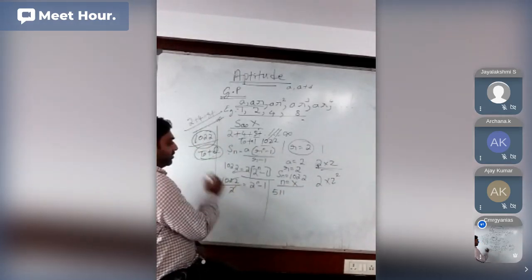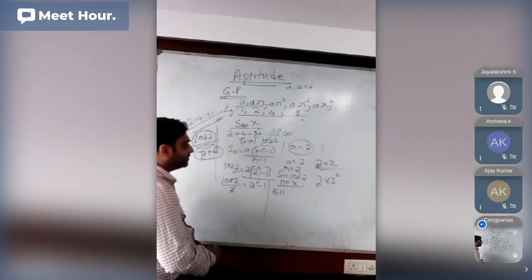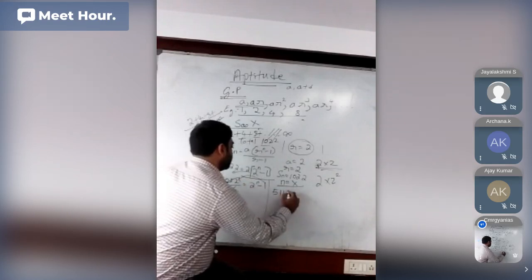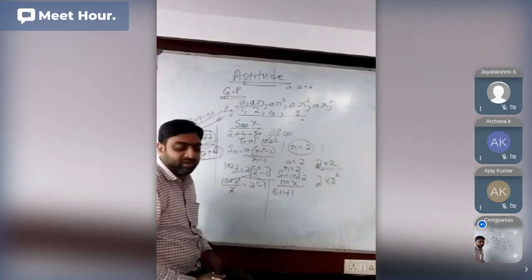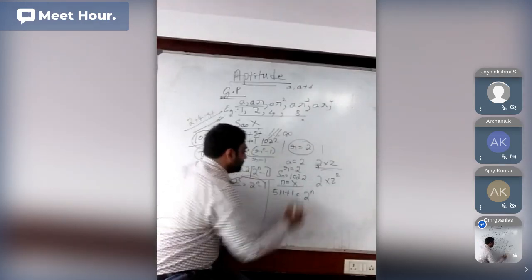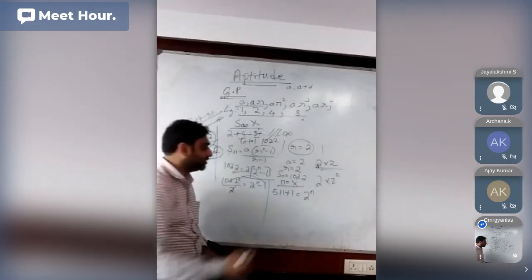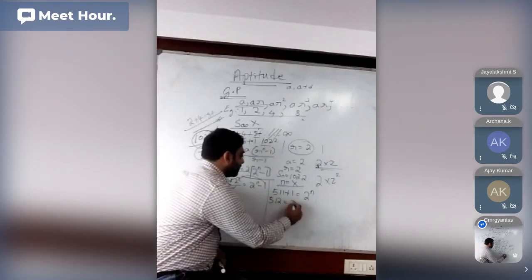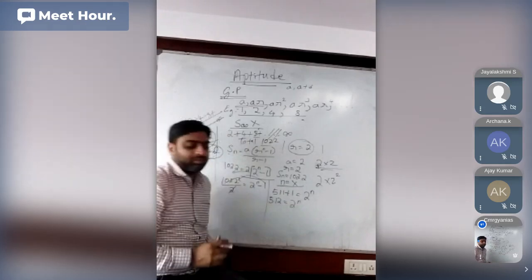Correct? If you take this minus 1 to the other side, 511 plus 1 is equal to 2 to the power n. So 512 is equal to 2 to the power n.